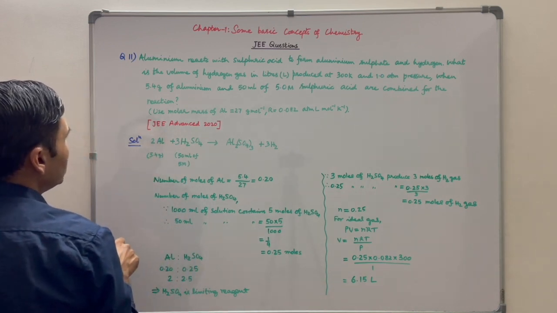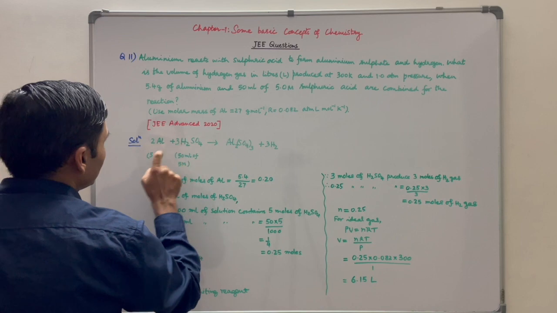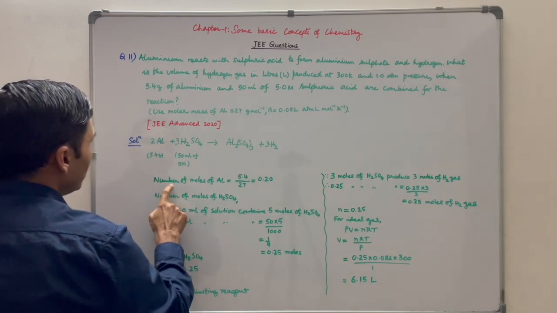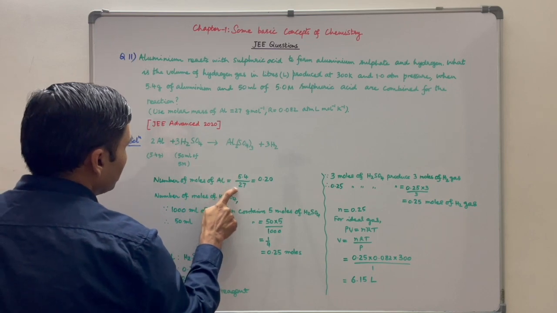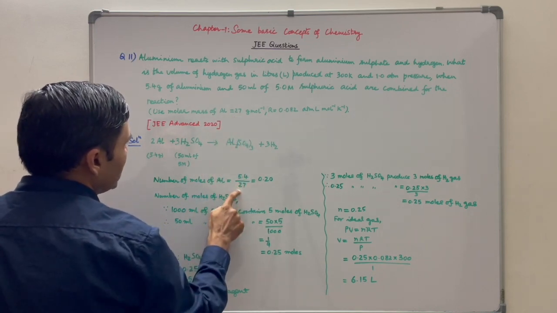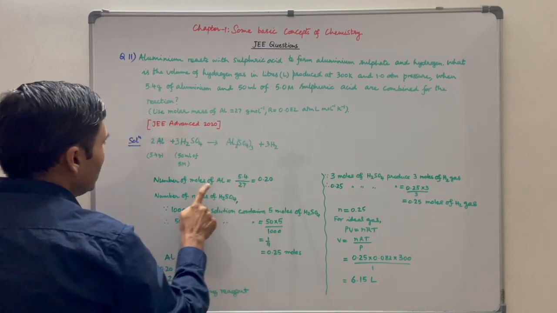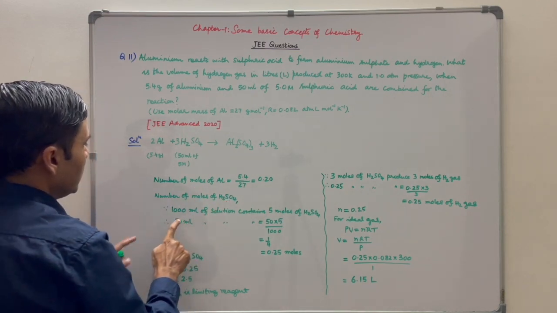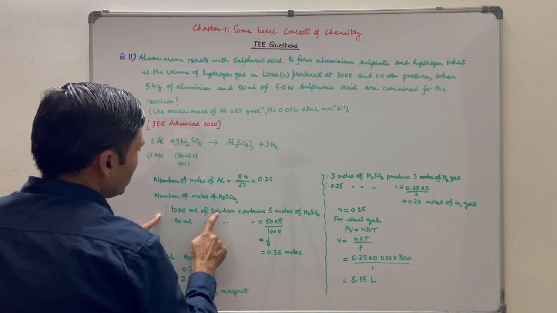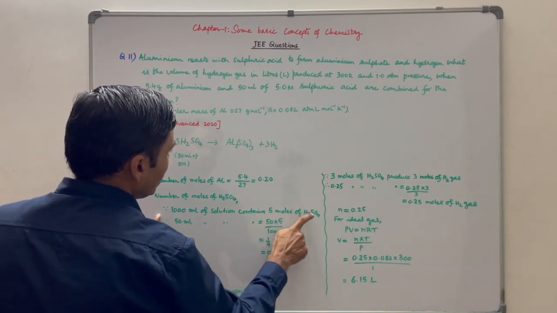Let us find out the number of moles of aluminium and H2SO4 first. So number of moles of aluminium will be 5.4 gram upon molar mass of aluminium, that is 27. So it will be 0.2. Number of moles of H2SO4 can be calculated as, it is given that 1000 ml of solution contains 5 moles of H2SO4.